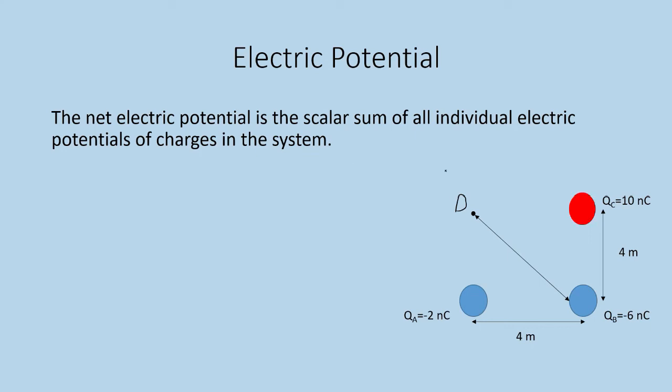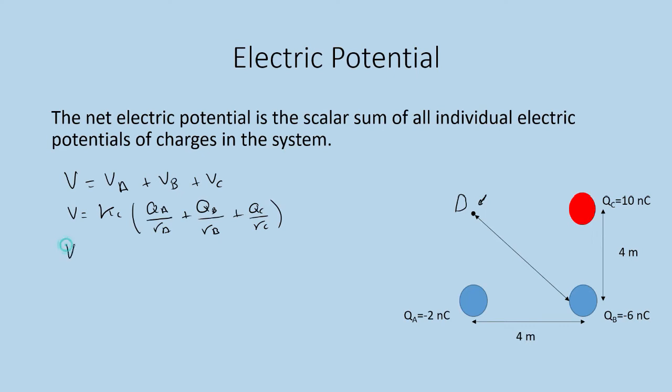So in this system, if you wanted to find the net electric potential at point D, it is equal to the electric potential produced by A plus the electric potential produced by B plus the electric potential produced by C. Since the formula of the electric potential has Kc, VA has Kc, VB has Kc, and VC has Kc, I will take Kc as a common factor into Qa over Ra plus Qb over Rb plus Qc over Rc. So V is equal to Kc, which is 9 times 10 to the power of 9.